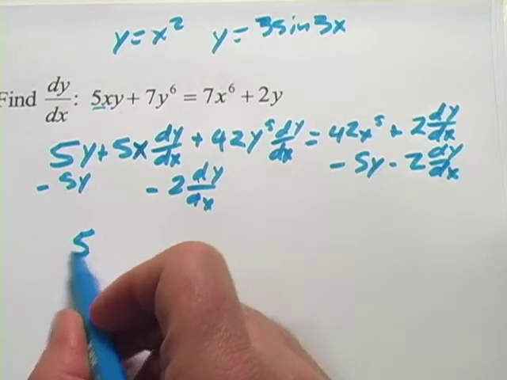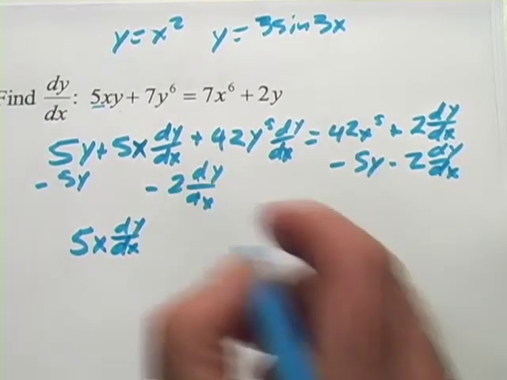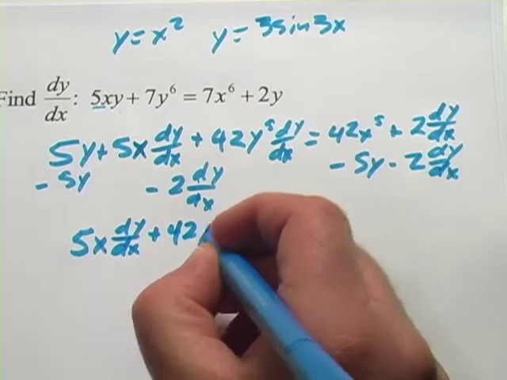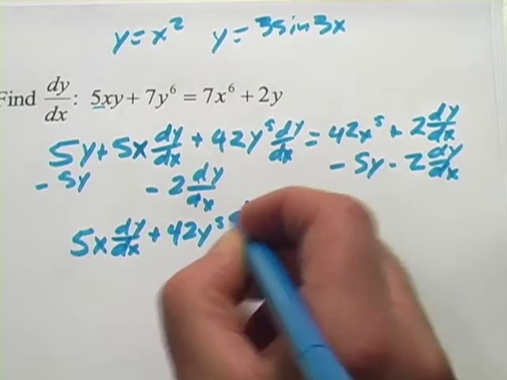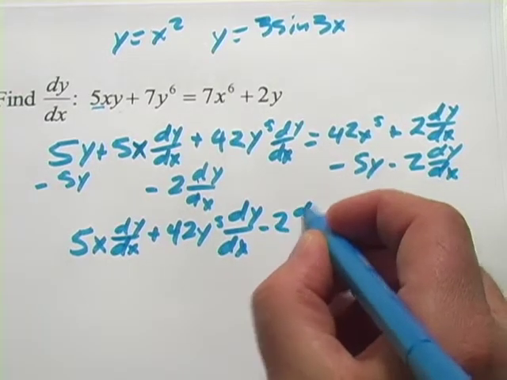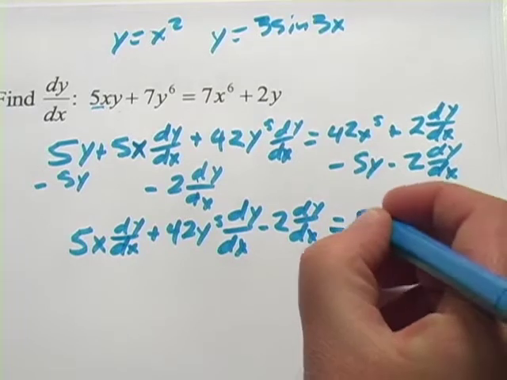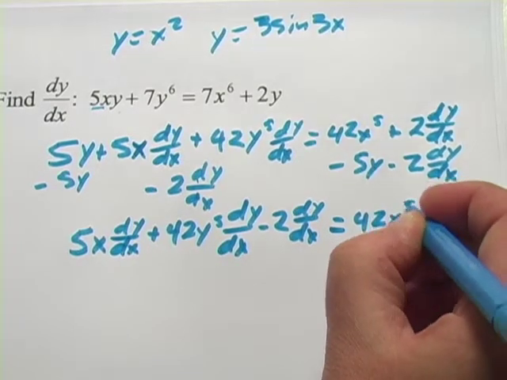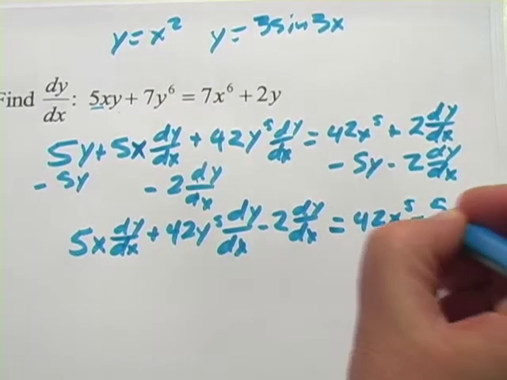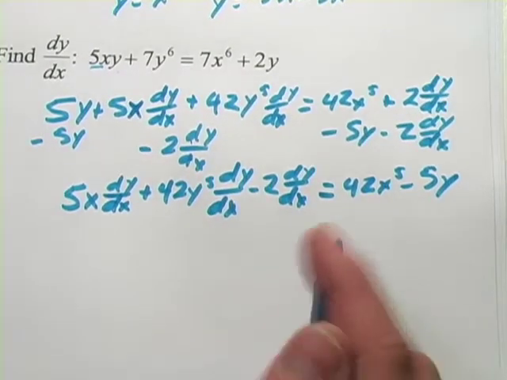In this case, I will end up with 5x dy dx plus 42y to the 5th dy dx minus 2 dy dx equals 42x to the 5th minus 5y. All right, hopefully I did all that algebra right.